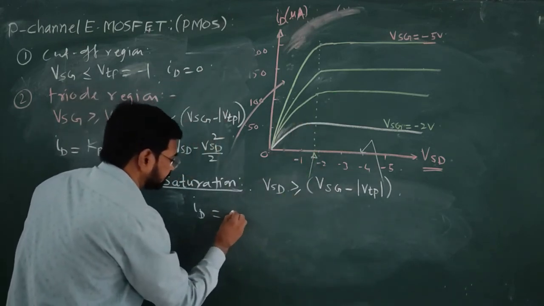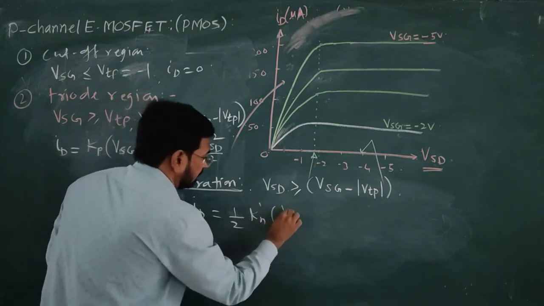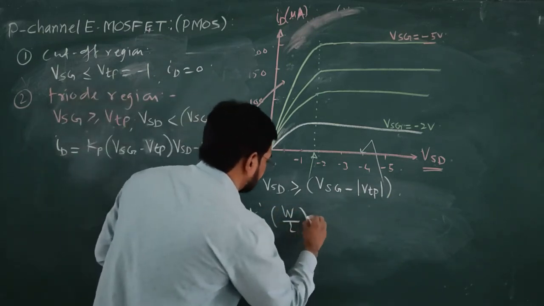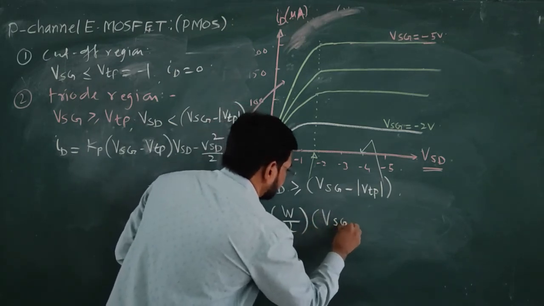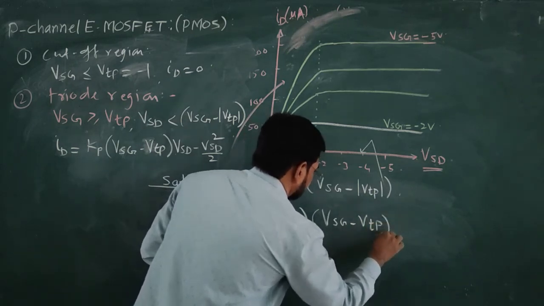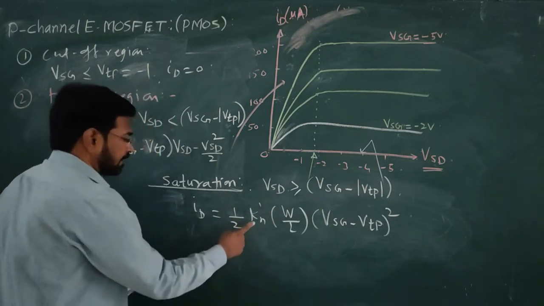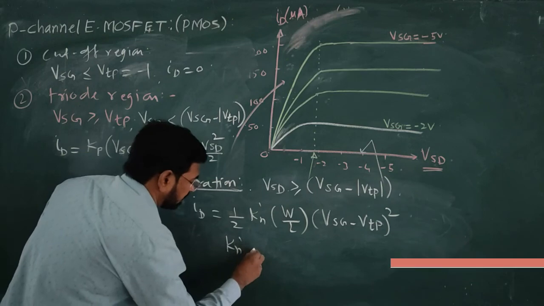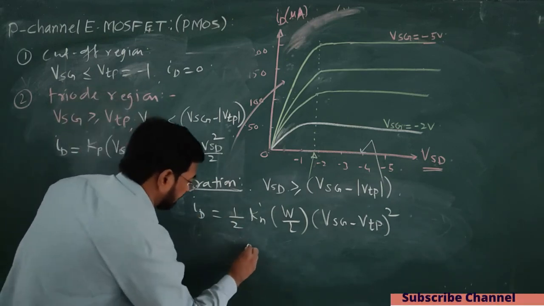So, it is half Kn dash, the ratio of width to length, times (VSG minus VTP) square. So, this is the equation. Kn dash is the process conduction parameter, whereas Kn is the conduction parameter.